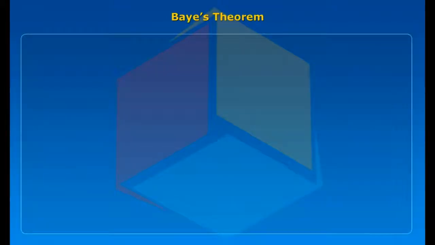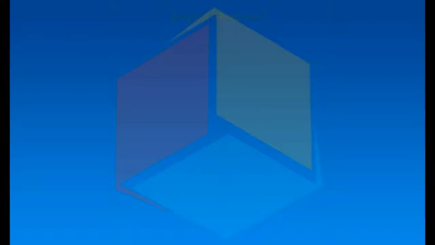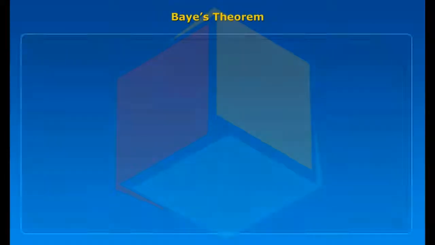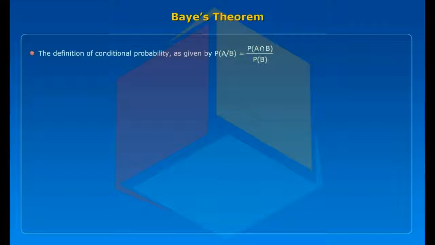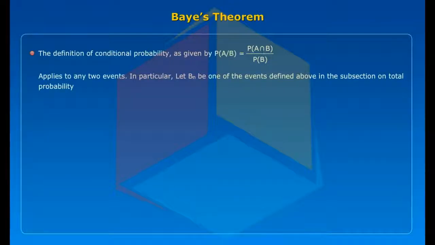Bayes' theorem. The definition of conditional probability as given by P(A|B) = P(A ∩ B) / P(B) applies to any two events. In particular, let Bn be one of the events defined above in the subsection on total probability.